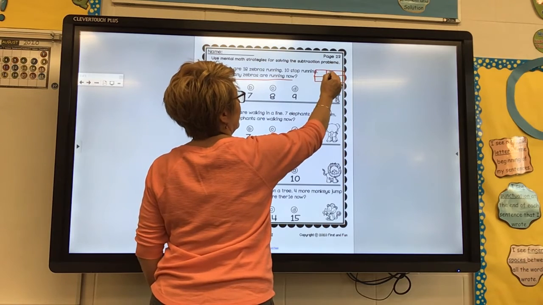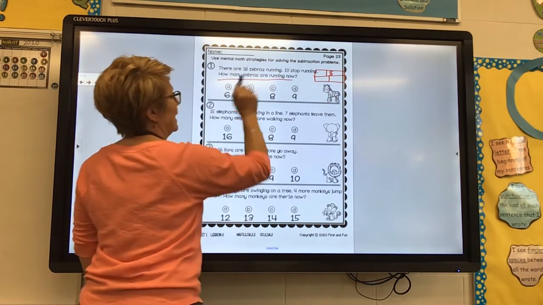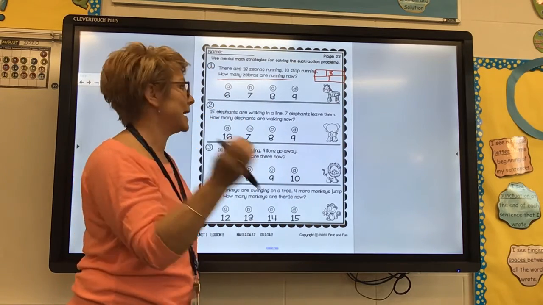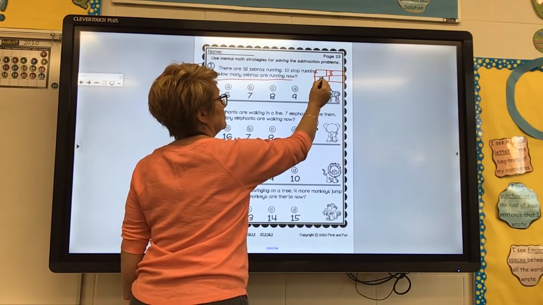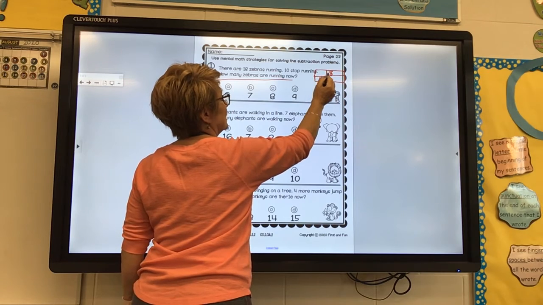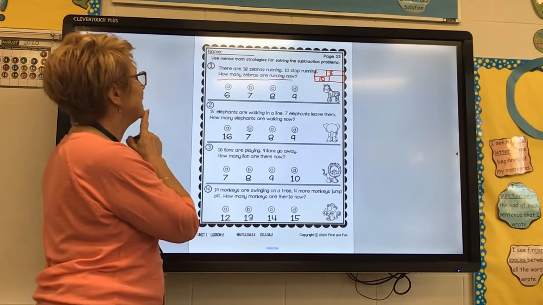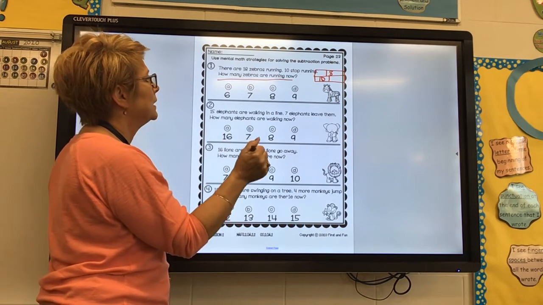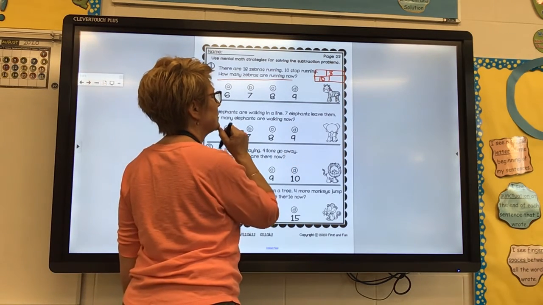There's 18 all together and 10 stop. So that's part. Only part of them stopped, not all of them. So 10 stopped. How many are running now? There were 18, 10 stopped. How many are still running?